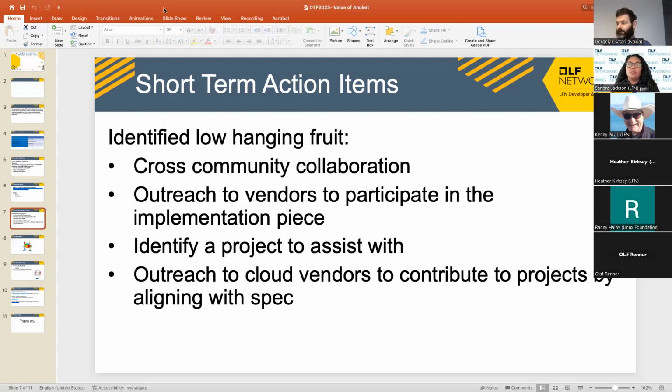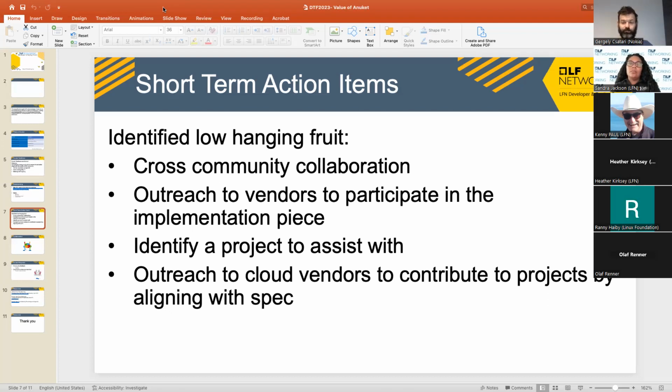But is the appetite more conceptual than something they're willing to enforce or use in the end? And is that just a fundamental question?